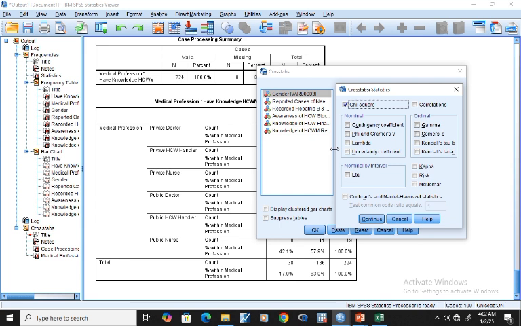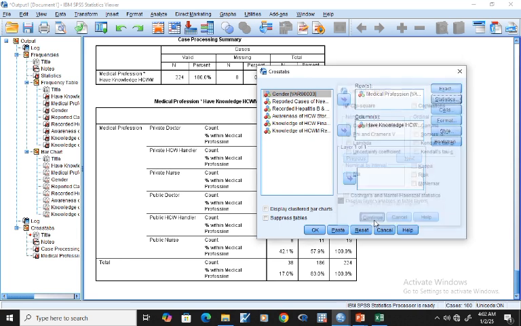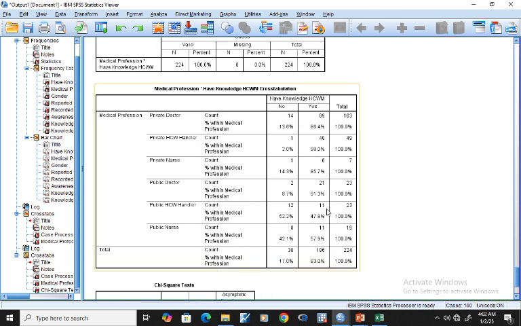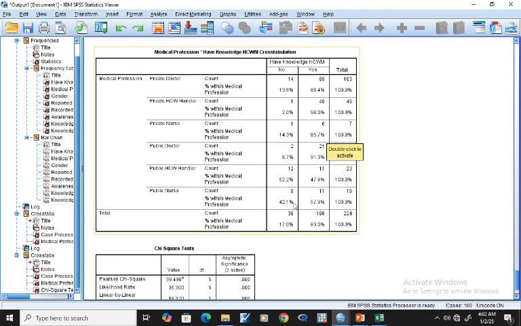We have chi-square test of independence and chi-square test of goodness of fit. In this case, we are looking at chi-square of independence, or association. We want to check if there is significant association between these two categories. So let's see. We'll run this, and yes, here's the result.